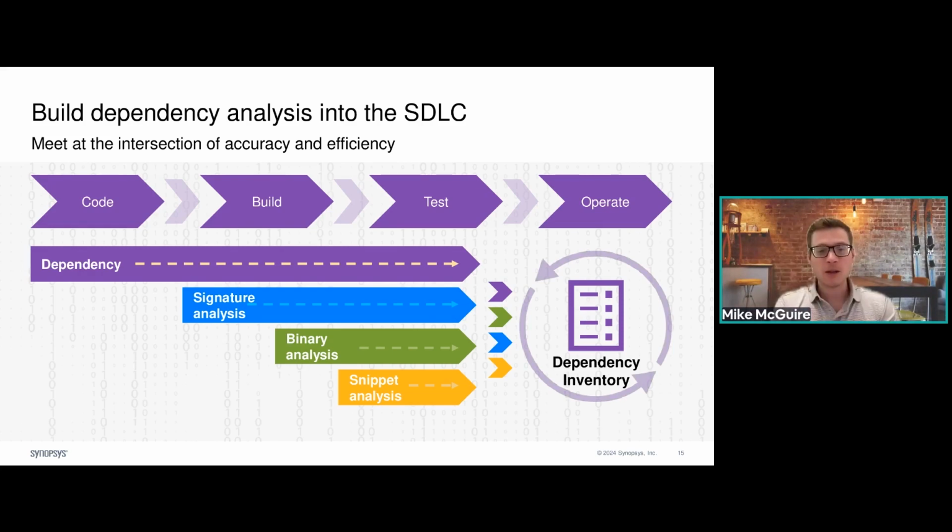Binary analysis can't be done pre-build. It has to be done post-build. But if you tune it correctly, then your development teams barely even know that you're running these types of tools. And you are getting the most accurate results, and you are building the most accurate dependency inventory and software bill of materials, if you will.